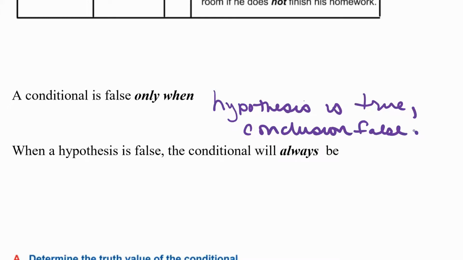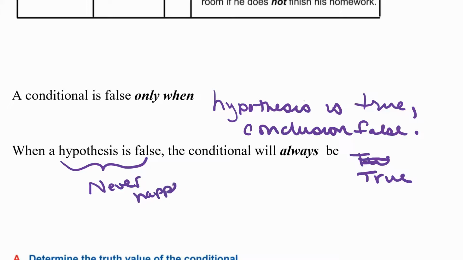When a hypothesis is false, the conditional will always be true. So the way to think of that is when the hypothesis is false, it can never happen. If something can never happen, then the whole entire statement in terms of logic is true.